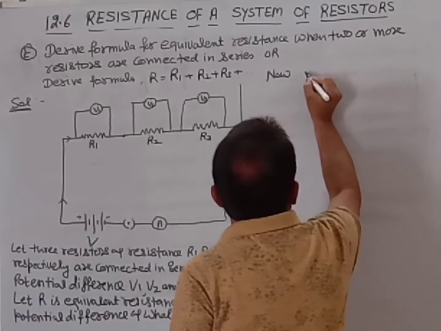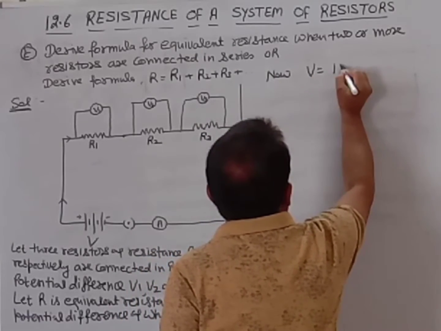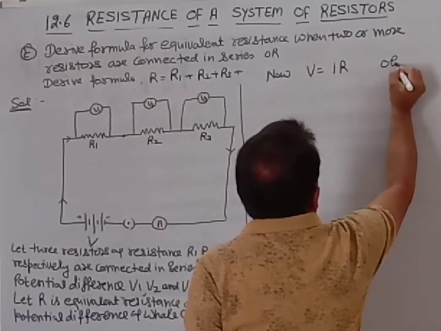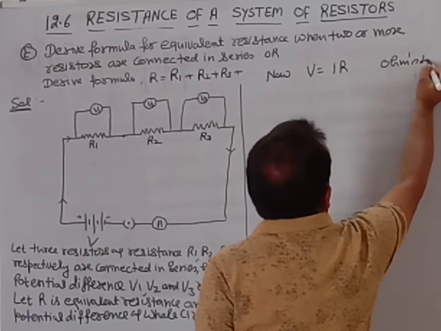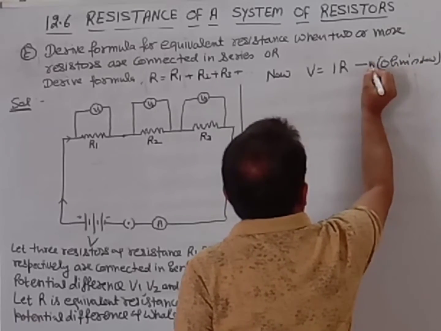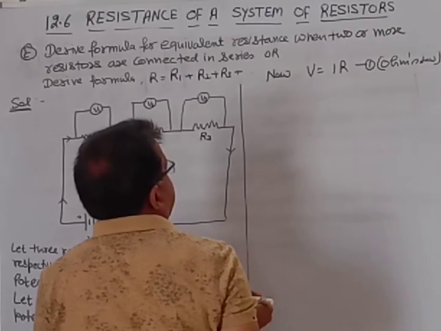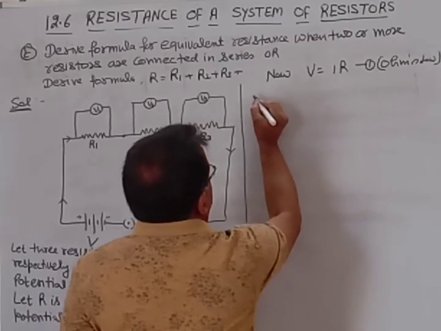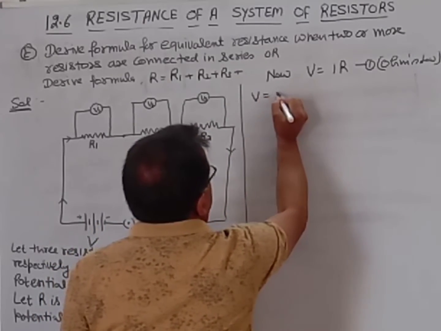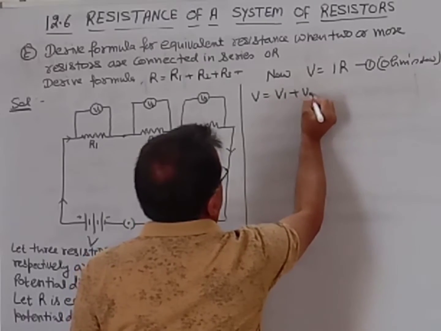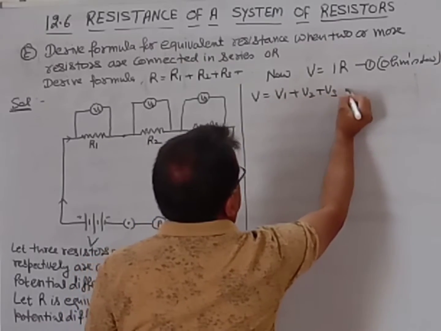Now we know V is equal to IR, by Ohm's law. Number one. And we also know V is equal to V1 plus V2 plus V3. It is number two.